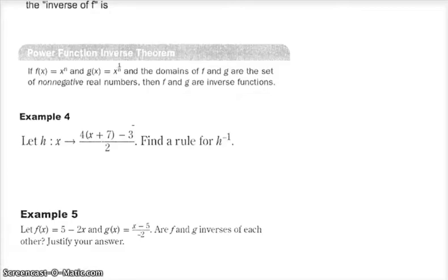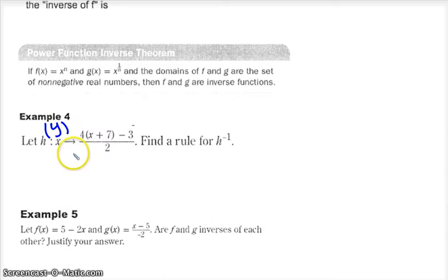Example number 4 asks us again to write a rule for the inverse of h. Now, h is a function, and I'll use the same method of switching x and y to determine my rule. So here's how it works. You remember this is mapping notation, and I can simply write a y in here to replace all of that.